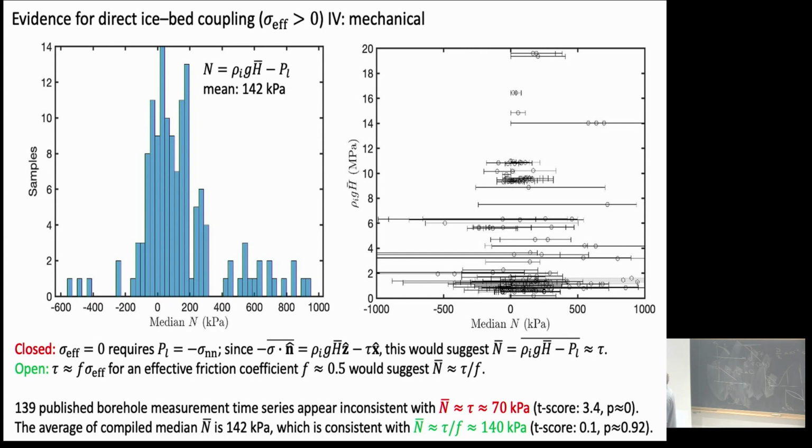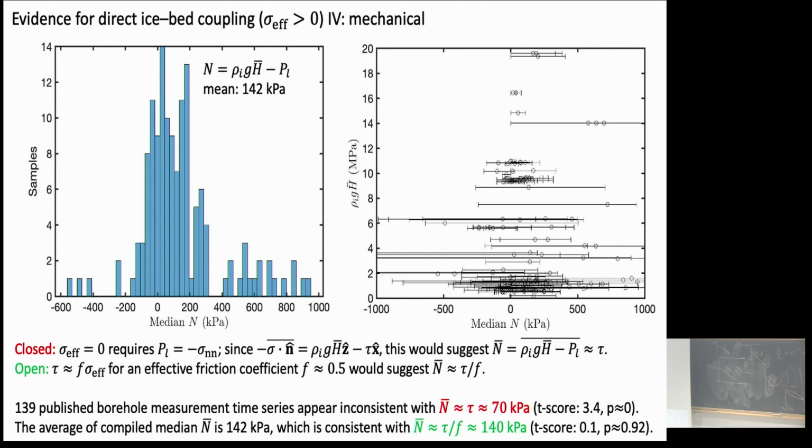There's lots of scatter, and this is the kind of scatter that one gets on a diurnal basis, plotted as a function of ice thickness, if you like, on this side. So there's a lot of variation. But if the ice pressure and the water pressure were being balanced all the time, then we would expect that the normal stress on the ice would be equal to the weight of the ice, and it would have a component that's opposing motion.